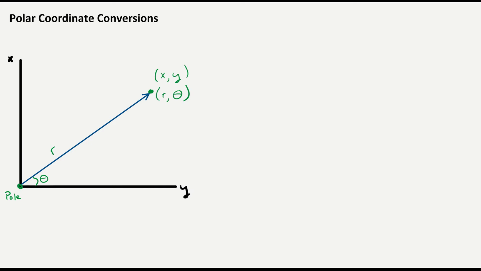First, let's assume that this is, in fact, on the r, theta polar coordinate plane. In that case, if I want to convert to rectangular coordinates, I need to know what the x and y are. And it all goes back to trigonometry.